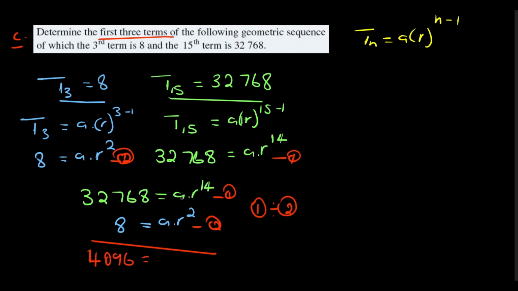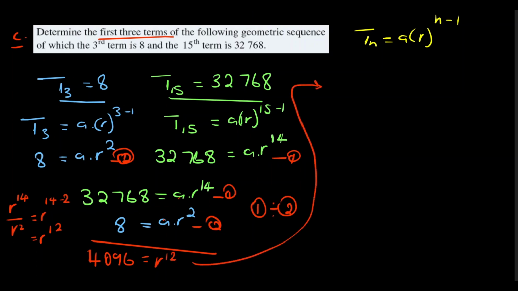And if we divide A by A, we get 1. And if we divide R to the power of 14 by R to the power of 2, by laws of exponents, R to the 14 divided by R to the 2 is R to the 14 minus 2, which is R to the 12.